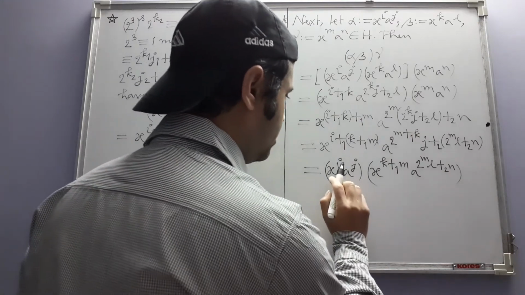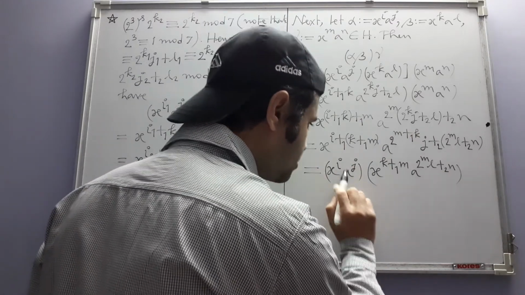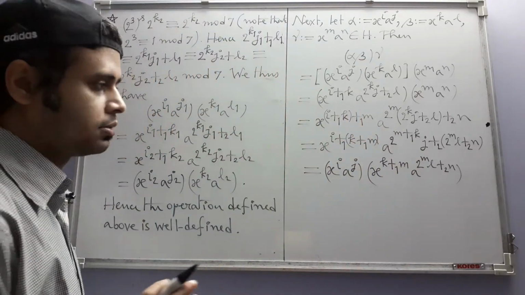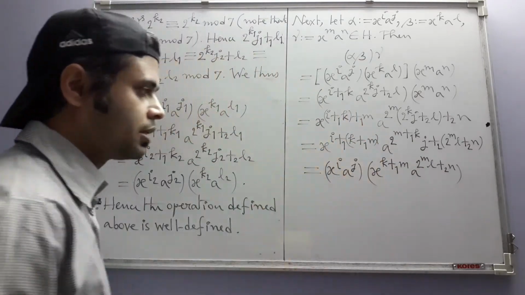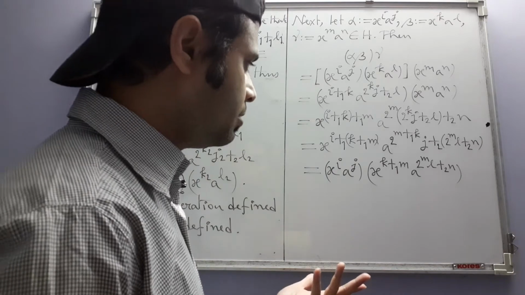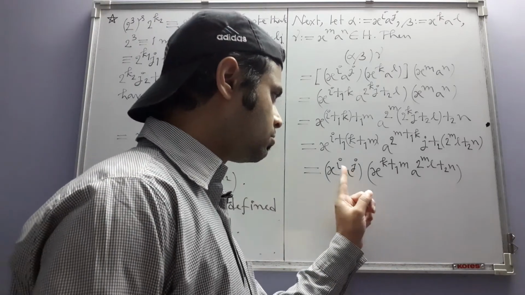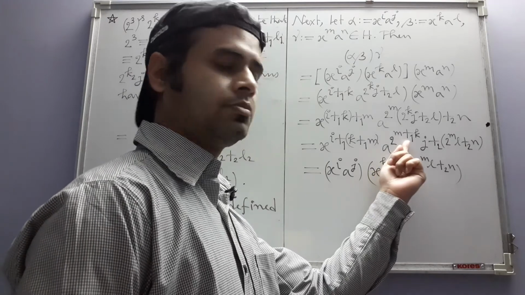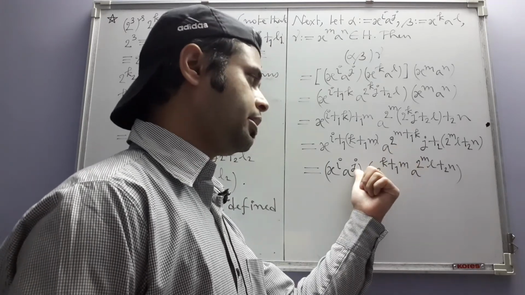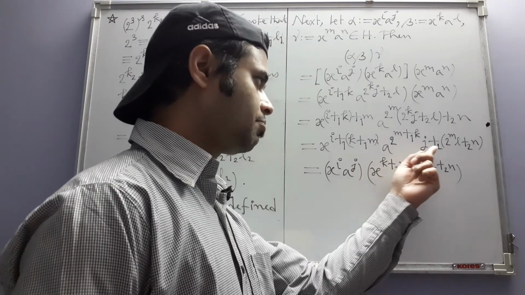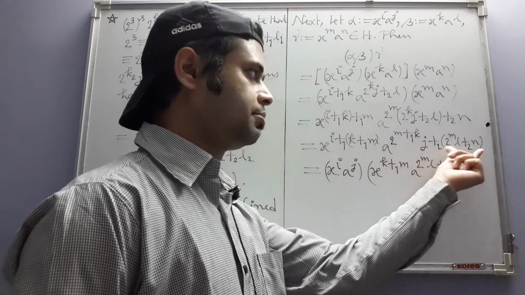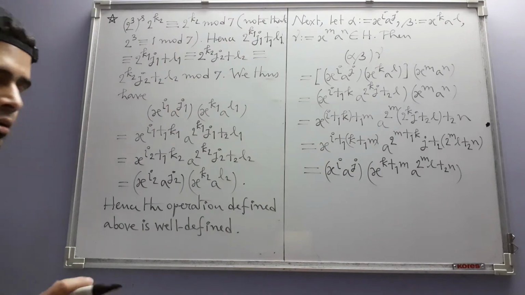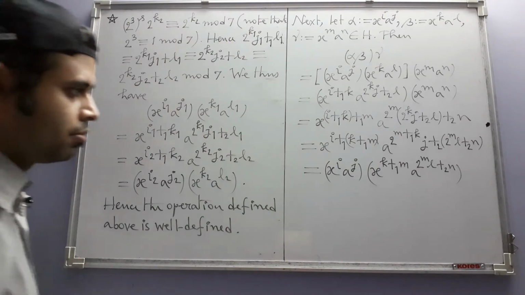Let us see. i plus 1 k plus 1 n. Okay, so there is no problem with the first one. Then 2 to the power this times j plus 2 this thing. Okay, so it matches with our definition of the binary operation.